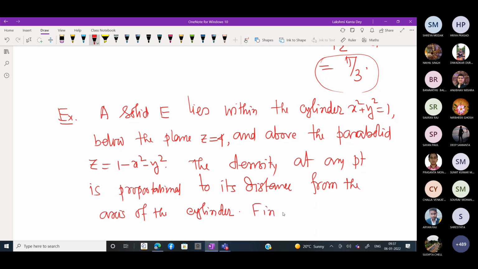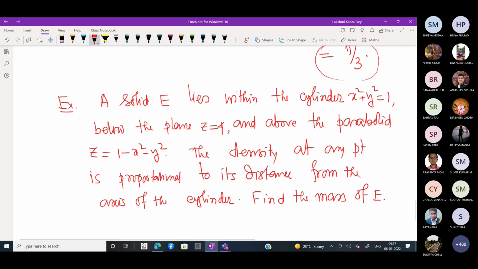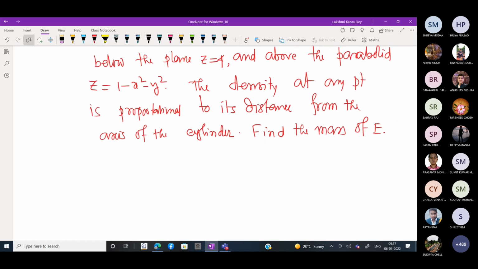We have to find the mass of particularly E, that solid. Okay, so we have to find the mass of E.